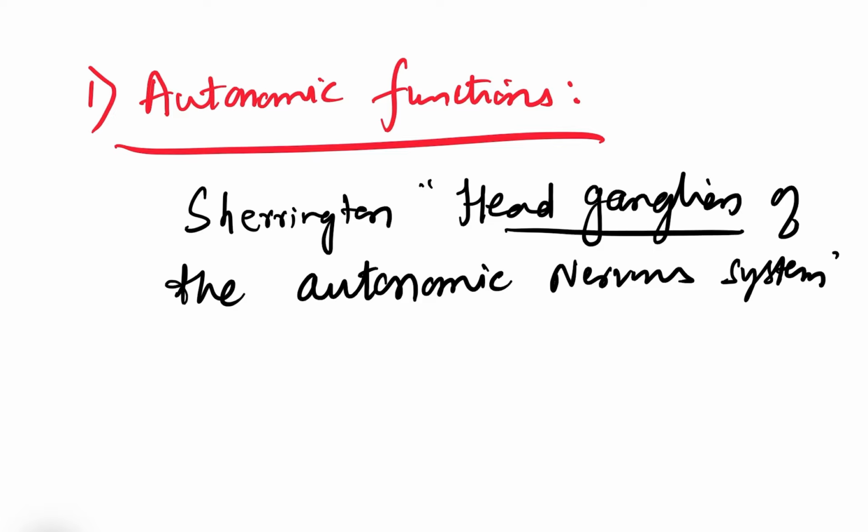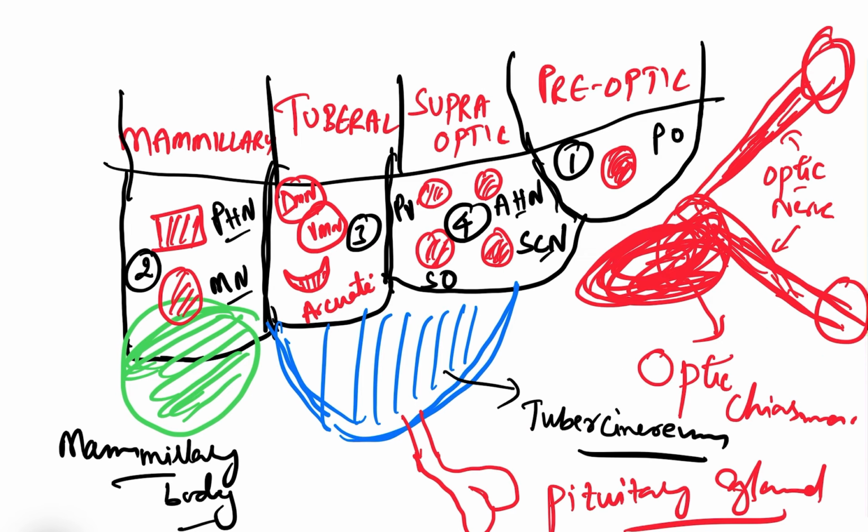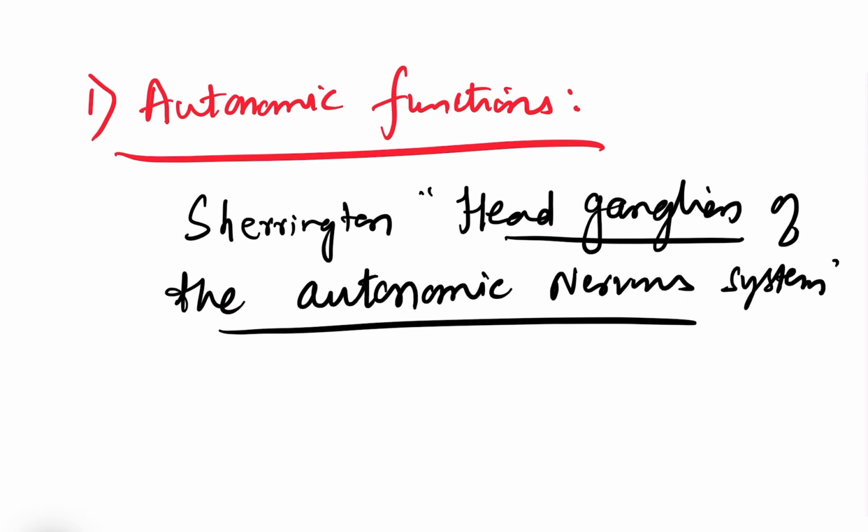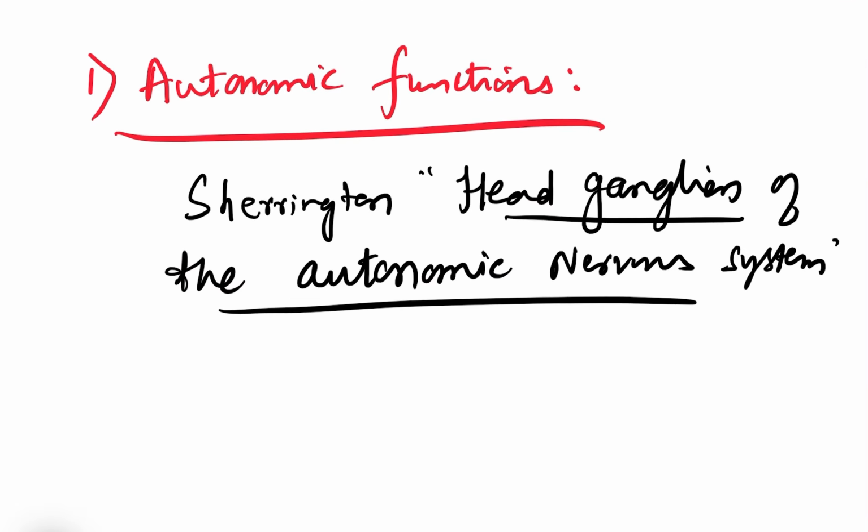So you know there are 2 important nuclei in the medial part of the hypothalamus. One is the anterior hypothalamic nucleus, which I am highlighting with the blue color in the supraoptic region. Can you see this anterior hypothalamic region? One more is the posterior hypothalamic nucleus, again highlighted with the blue color in the mammillary region on the posterior side. These 2 nuclei are very important for autonomic nervous system functioning.